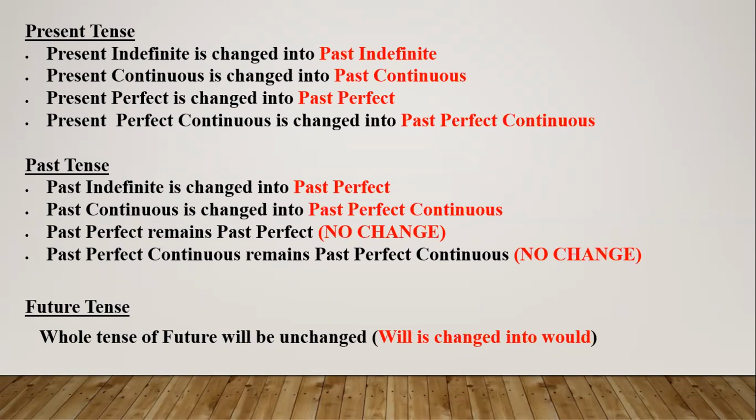Past tenses will convert, or shuffle, into each other, and future will into would as well. So that's called change of tense. And before that, I described and told you about change of pronoun. So these two are basics. We must know how to convert change of pronoun, and how to convert change of tense as well, right?